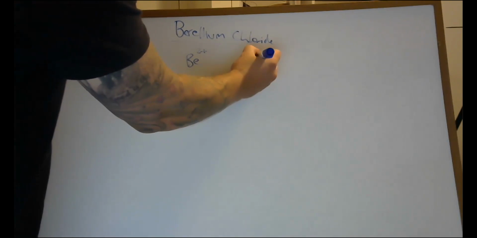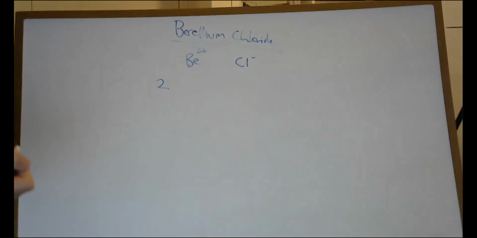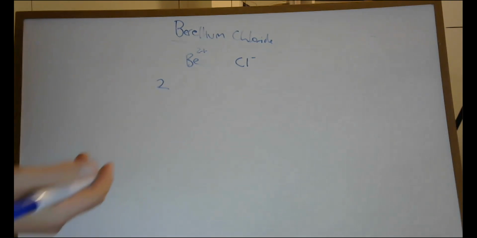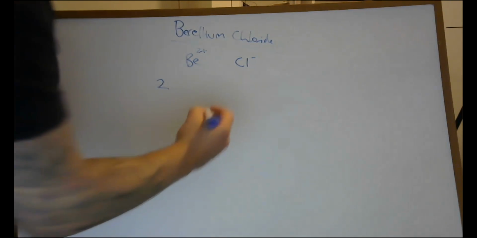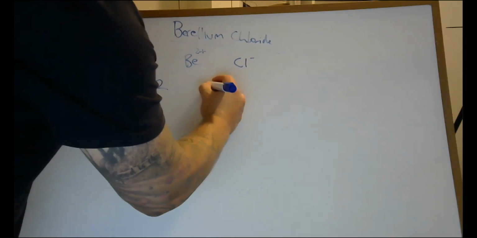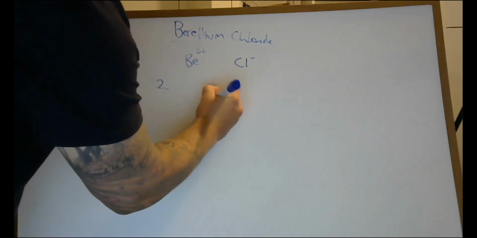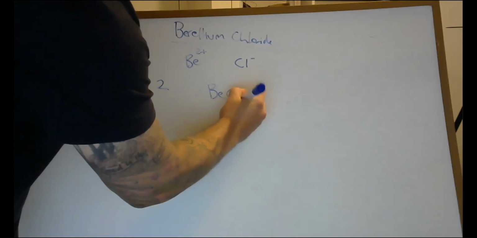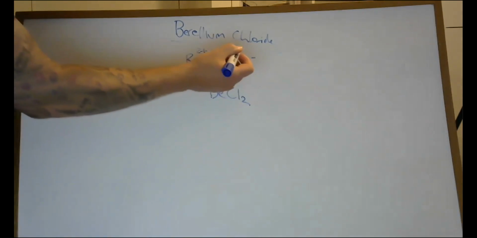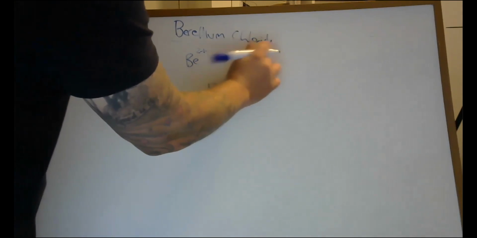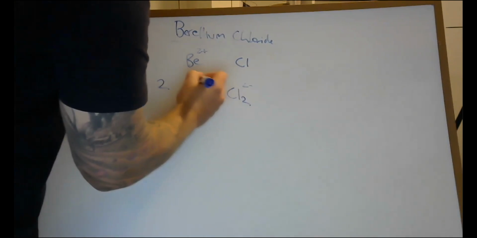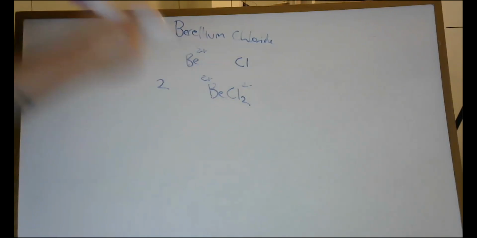Chlorine is chlorine minus. So beryllium chloride, its formula would be... because we need to have a 2- charge here to match the 2+ charge here.